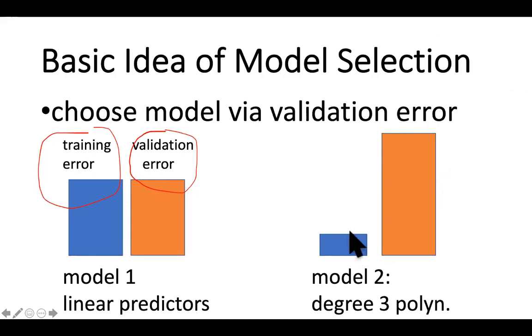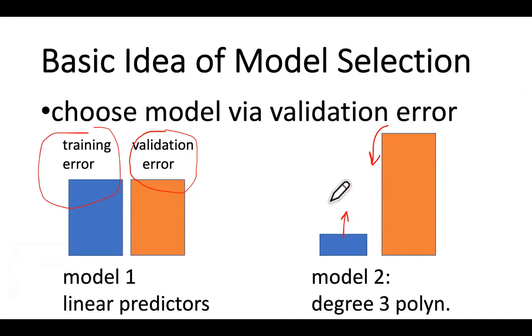What you typically do not want is the training error being much smaller than the validation error. And you will learn different techniques like regularization or model selection techniques in this course that allow you to bring down the validation error. So what machine learning in practice is about is trying out different methods to bring down the validation error, even at the expense of increasing a bit the training error.